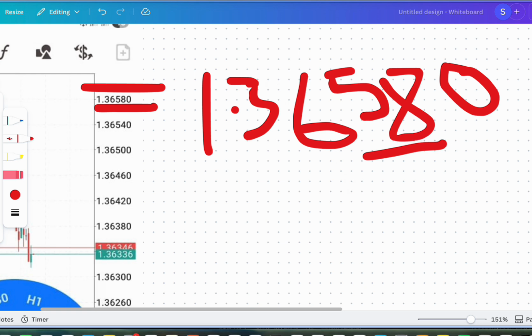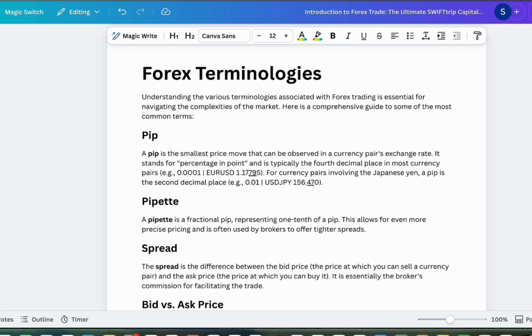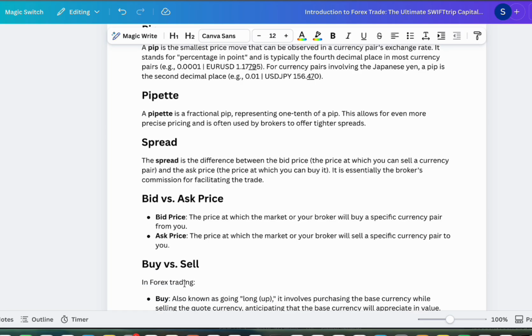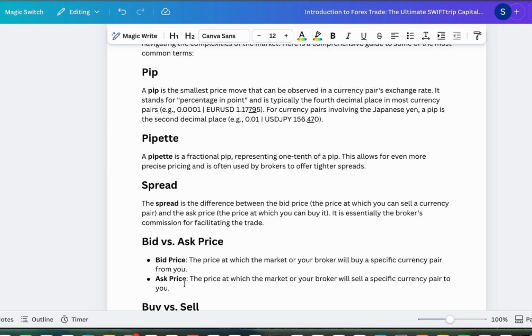Okay, so what is a pipette? Write the definition. It's not what we just did before. We did the PIP before.